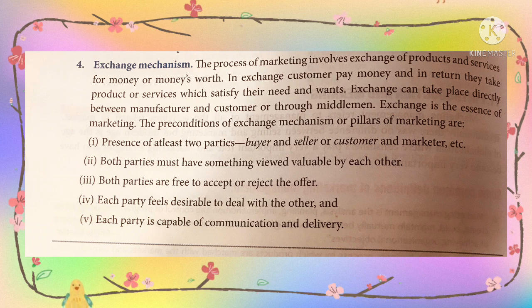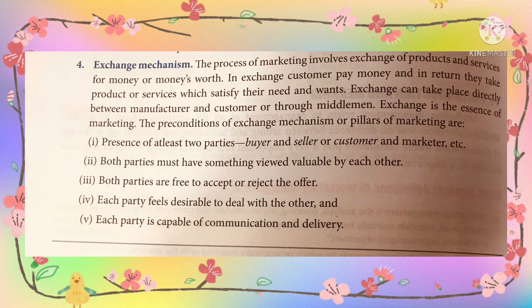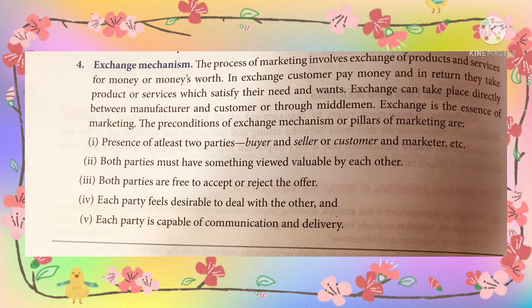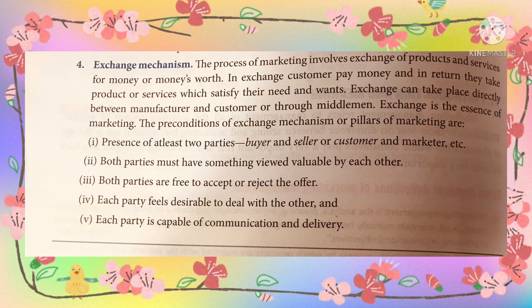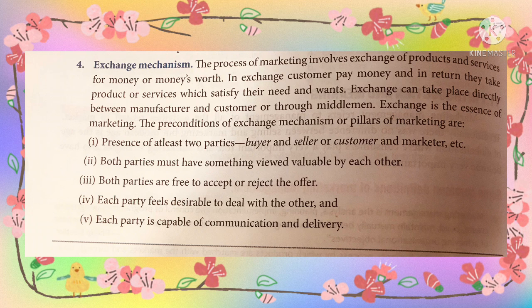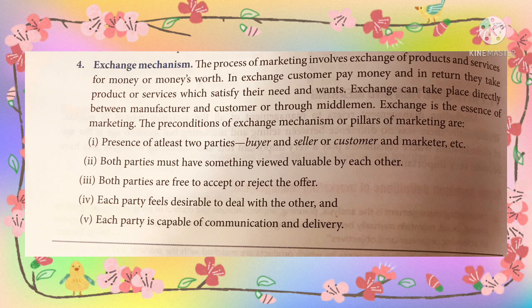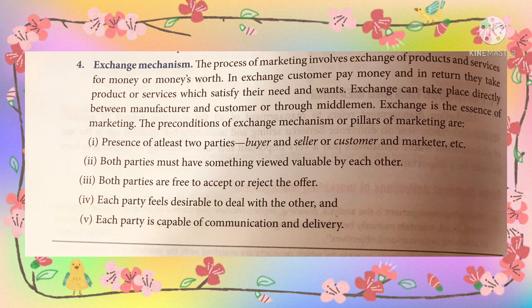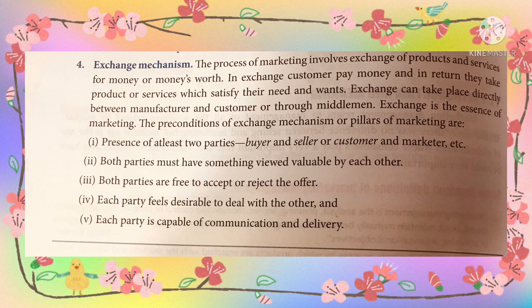So obviously they exchange the products for money. In exchange, the customers pay the money, and in return they take the product or services. So that is how they exchange. If you pay for a product, you will receive the product which satisfies your needs and wants.